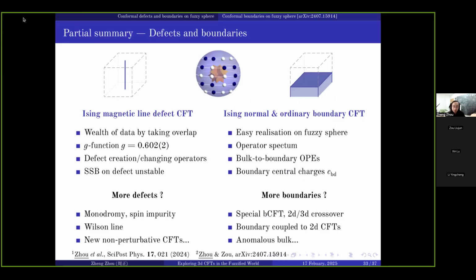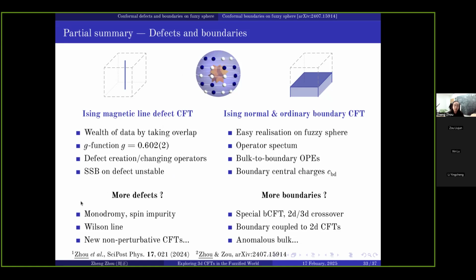So, as a brief summary, we have shown in the simplest case of the Ising CFT that the fuzzy sphere is a powerful tool to study the conformal defects and the conformal boundaries. And we have obtained a wealth of information about both.